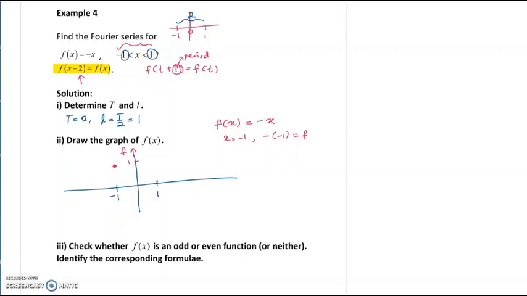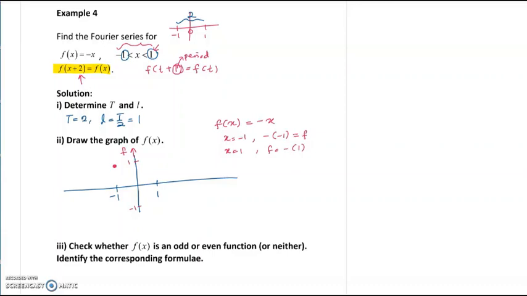Similarly, if x equals 1, you test on the interval. When x equals 1, then your f is -1, so f equals -1 is somewhere here.